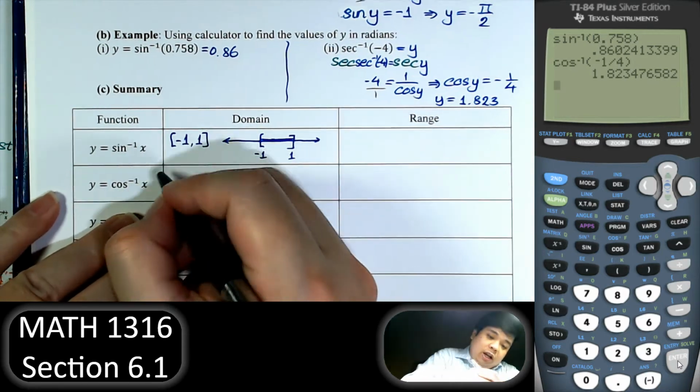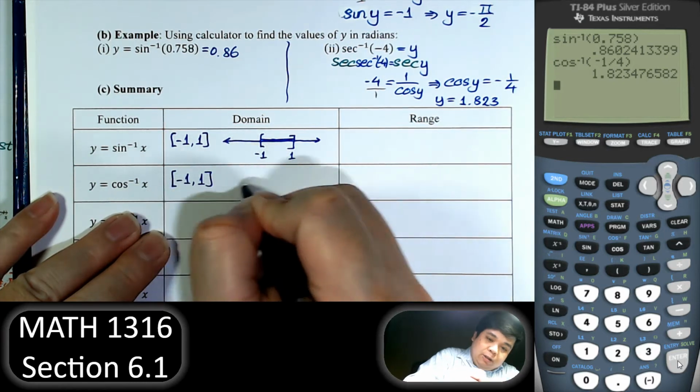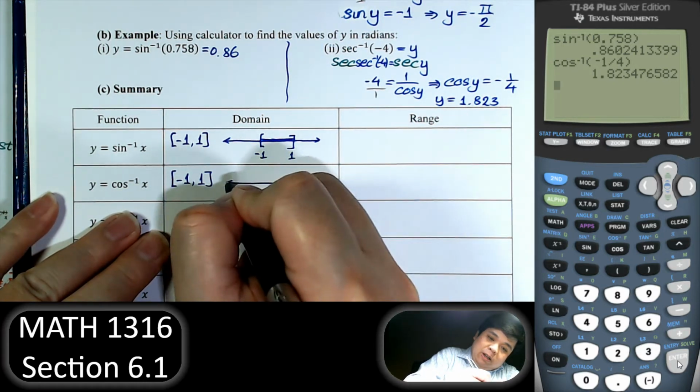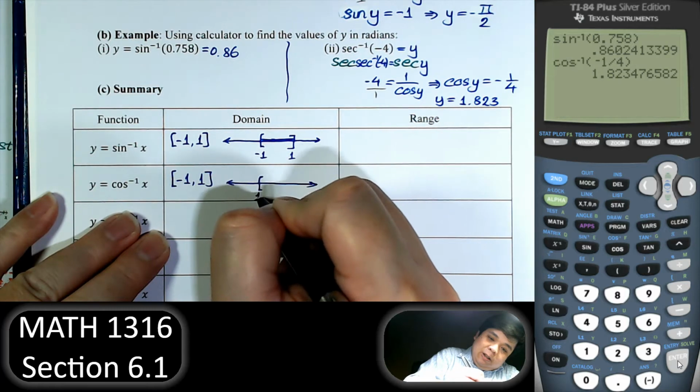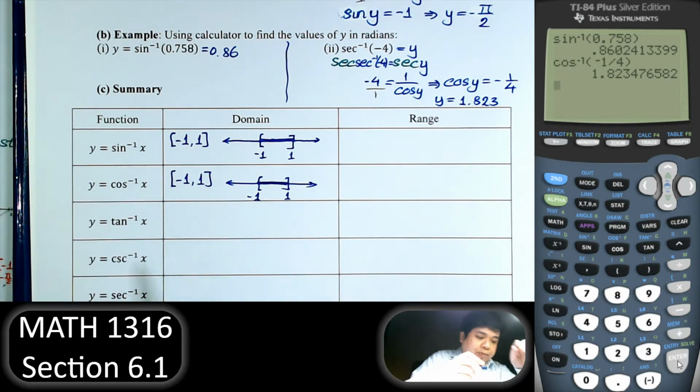I'll put sine inverse also from negative 1 to 1 on the number line, between negative 1 and 1.